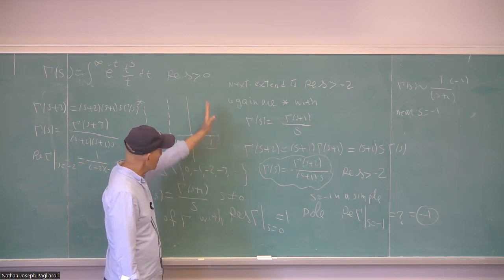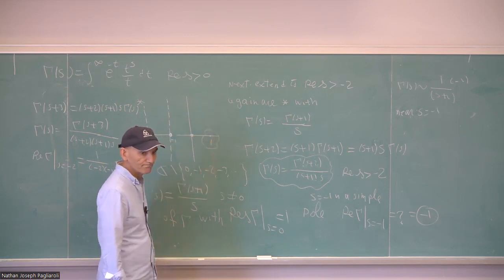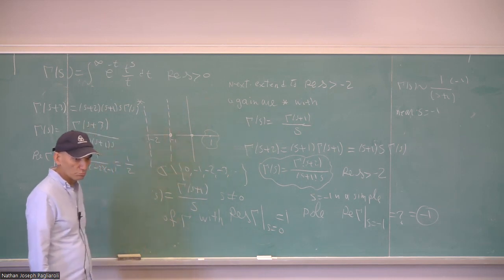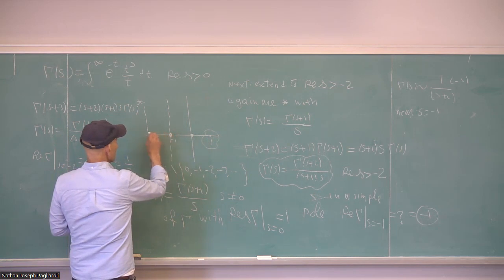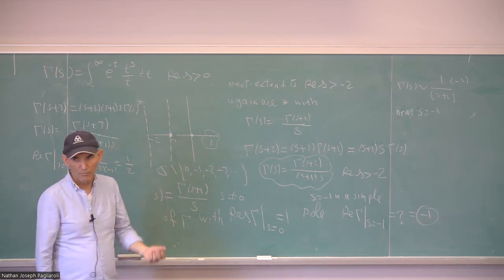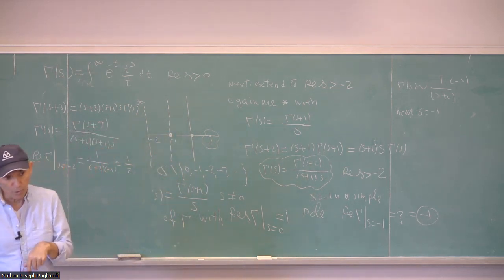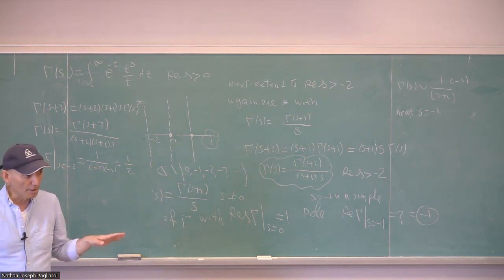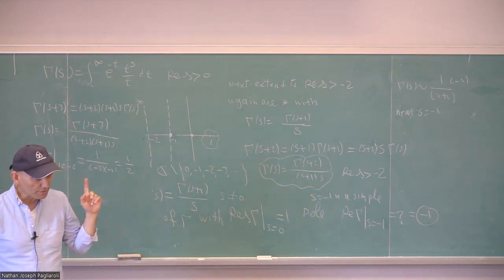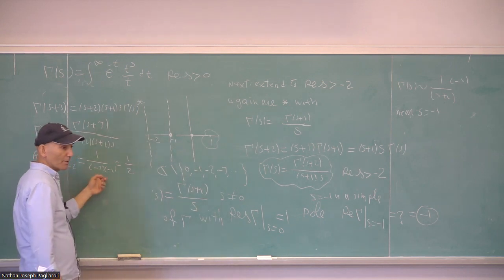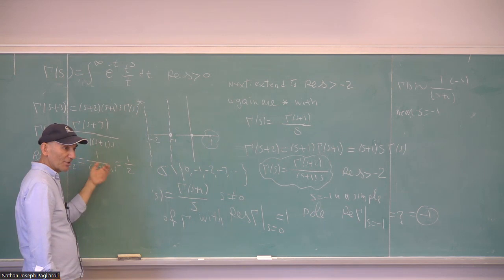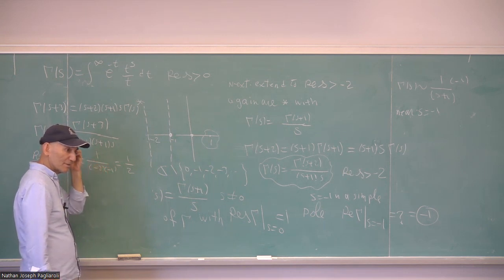All values are defined except negative integers and 0, where the gamma has a simple pole, and the function is analytic everywhere except at those points with simple poles. And we have to remember that the residues are changing, and they are alternating in sign, right?